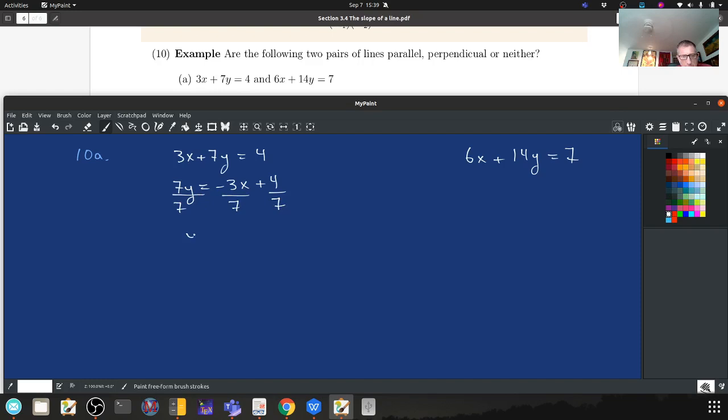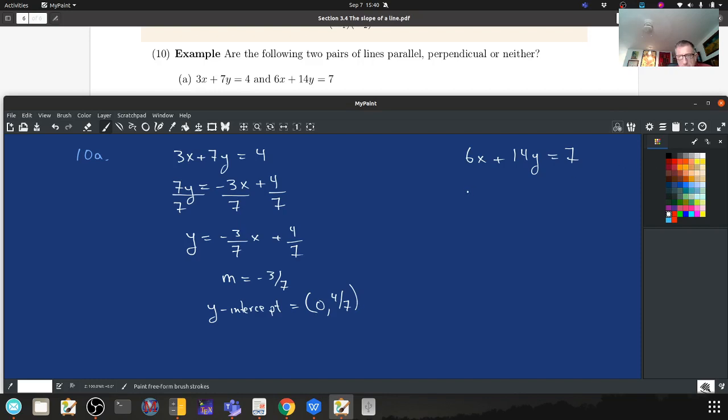So y is equal to minus 3/7 x plus 4/7. So the slope is minus 3 sevenths, and our y-intercept is (0, 4/7).